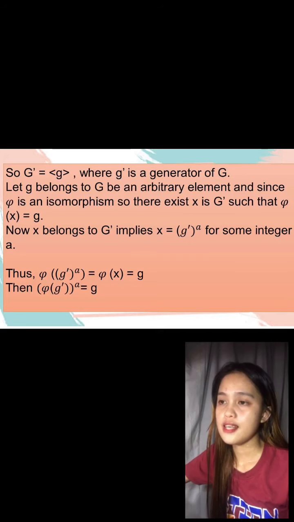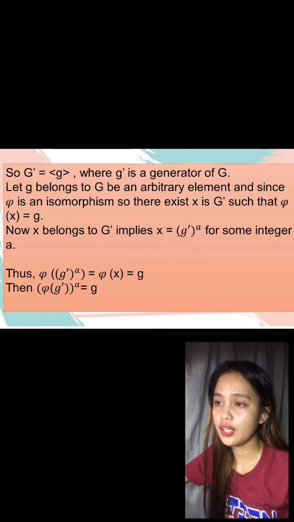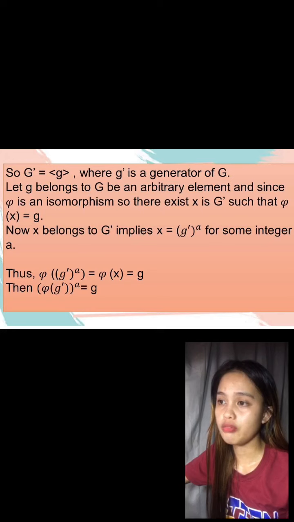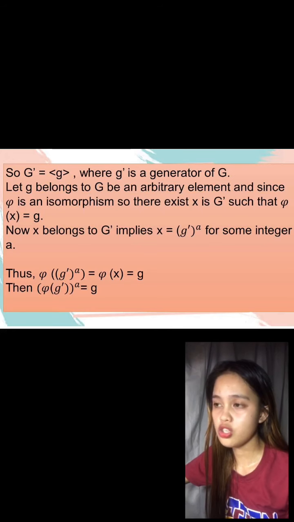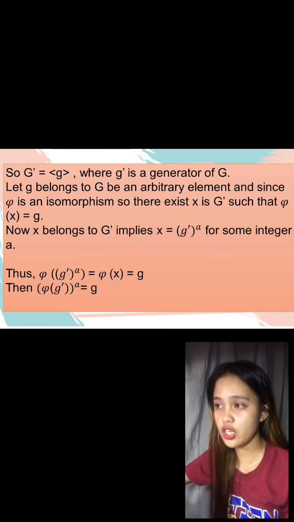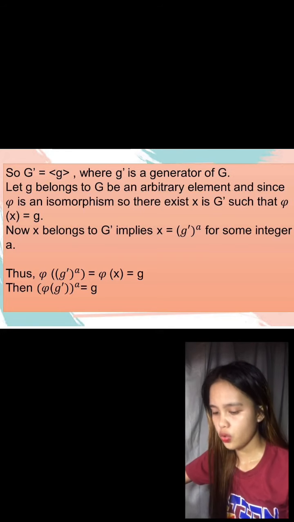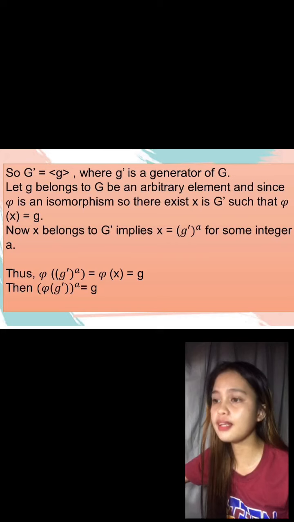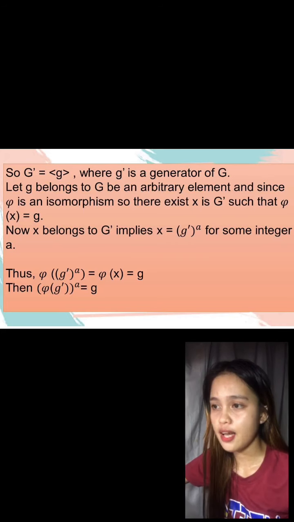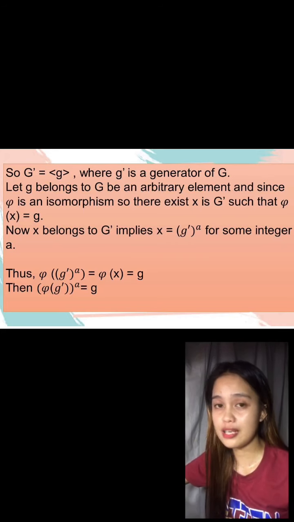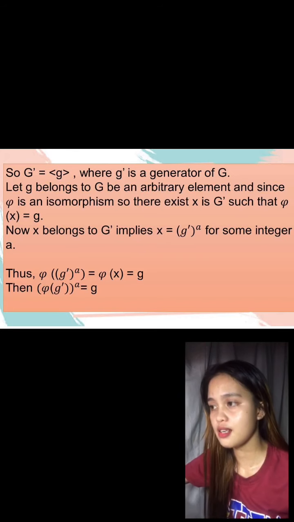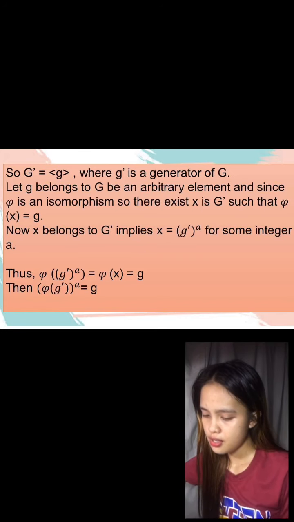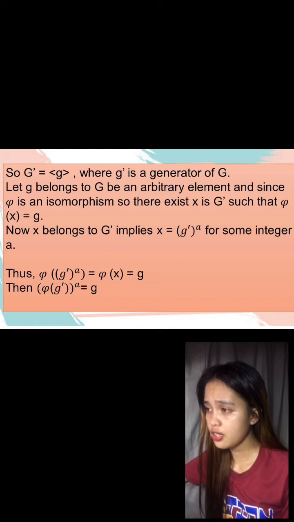So, since G bar is cyclic, we can conclude that G bar is equal to the group generated by g bar, wherein g bar is a generator of G bar. So let g belong to G be an arbitrary element, and since psi is an isomorphism, there exists x in G bar such that psi of x is equal to g.